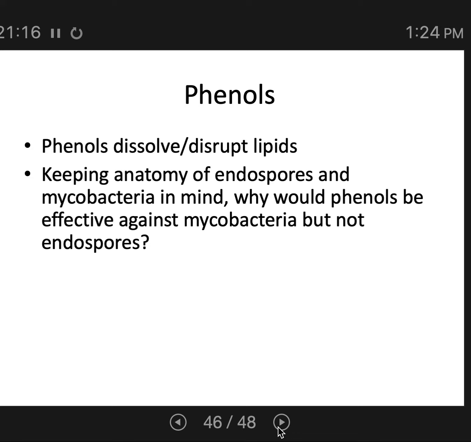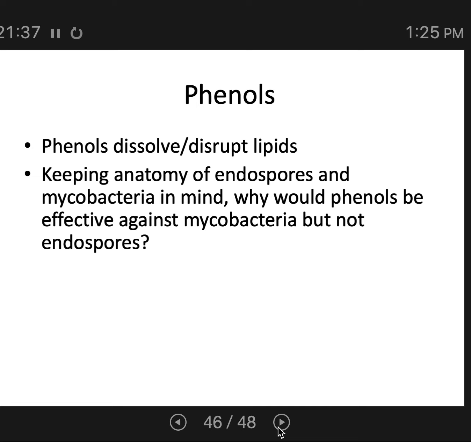Okay. So listen again. Phenols dissolve and disrupt lipids. They target lipids. Those are hydrocarbons, right? That's going to be like fats, waxes, things like that, steroids. Okay, keeping the anatomy of endospores and mycobacteria in mind, why would phenols be effective against mycobacteria but not endospores?